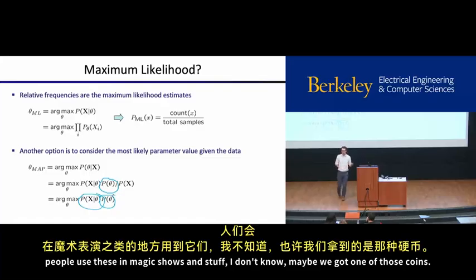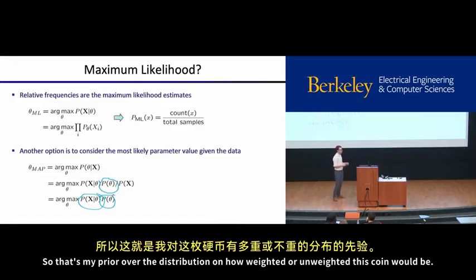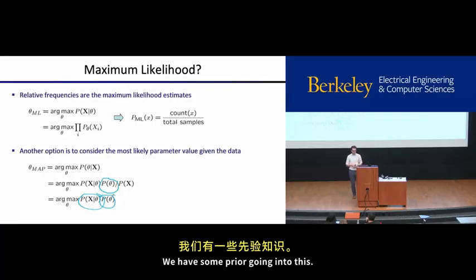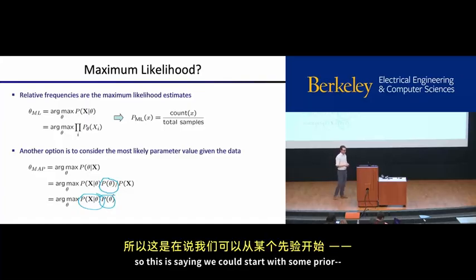Maybe we got one of those coins, but it's probably kind of unlikely. So that's my prior over the distribution on how weighted or unweighted this coin would be. We have some prior going into this. Or maybe this is our prior over spam versus not spam, okay? So we could start with some prior.